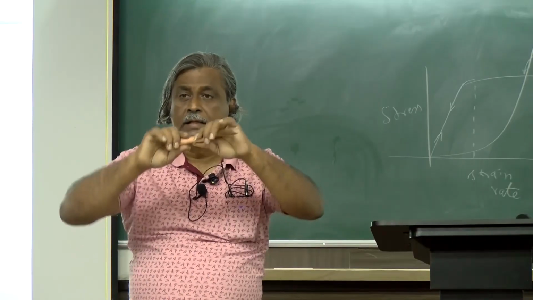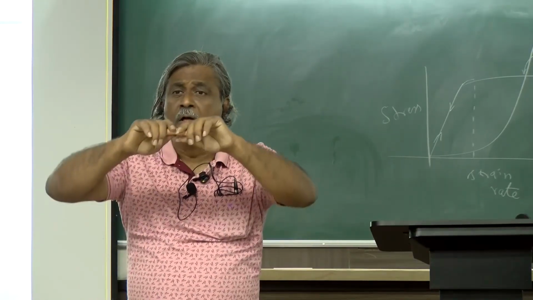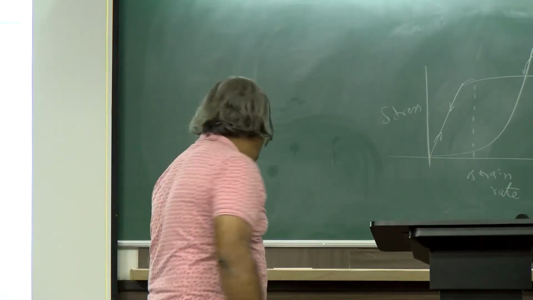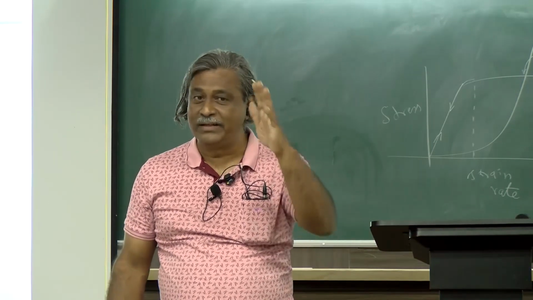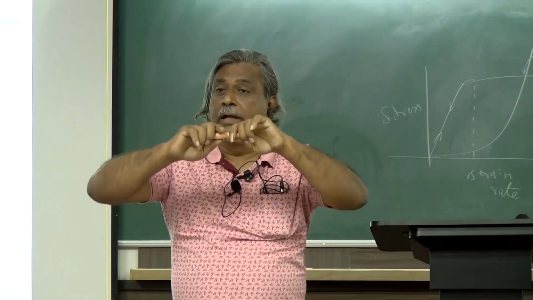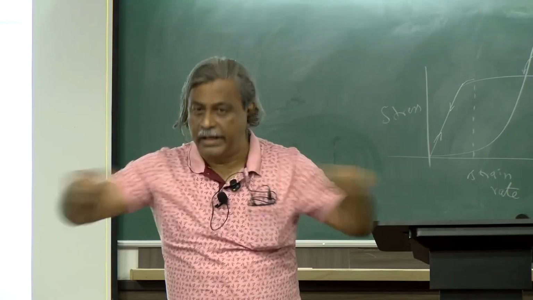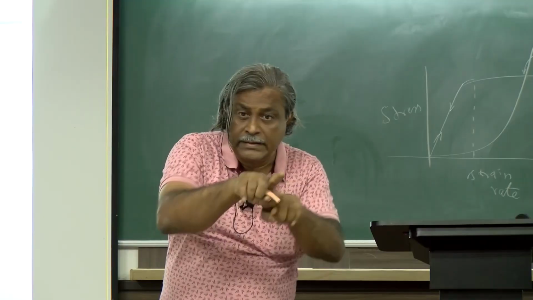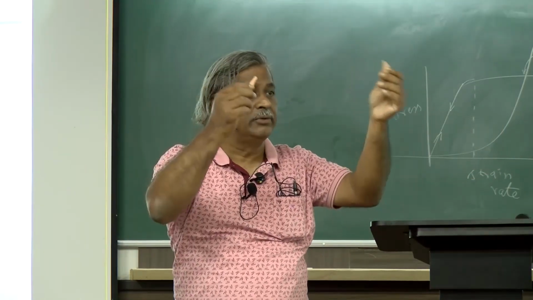So in this case, when I apply this stretch at a fast rate, what happens is it is unable to slide between each other, they just separate. That's the separation that you see here.